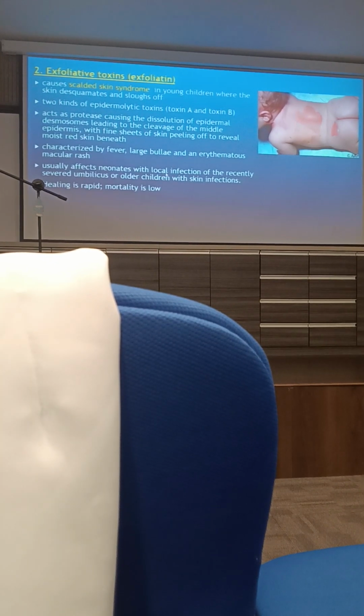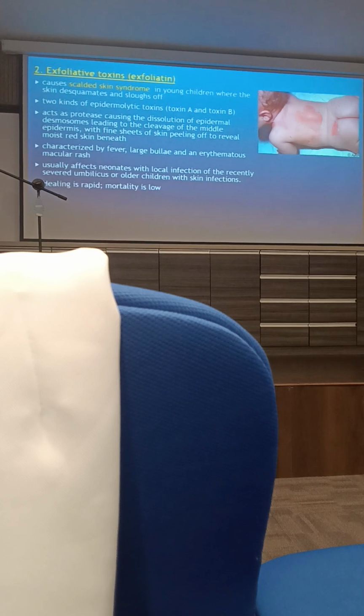It usually affects neonates with local infection of the recently severed umbilicus, or older children with skin infections. That's why in surgical procedures, even the umbilicus removal must be done using sterile equipment, to avoid infection.